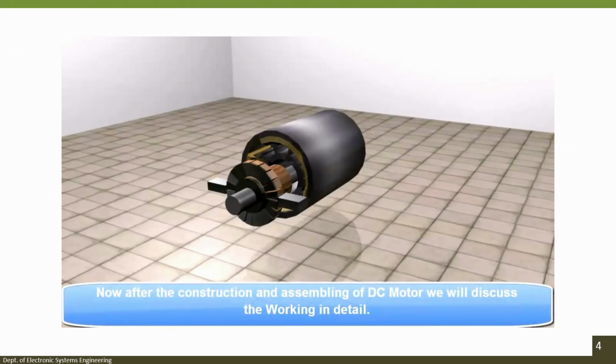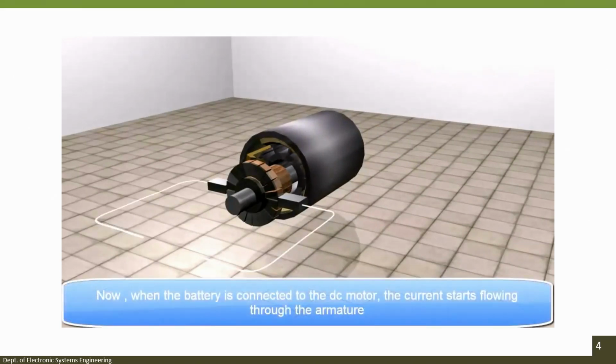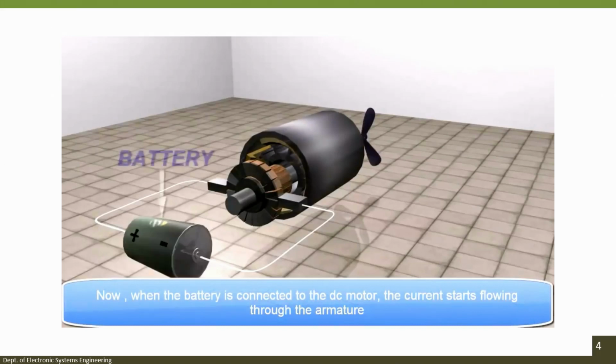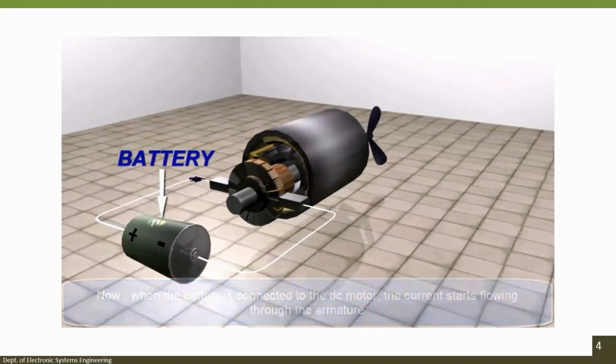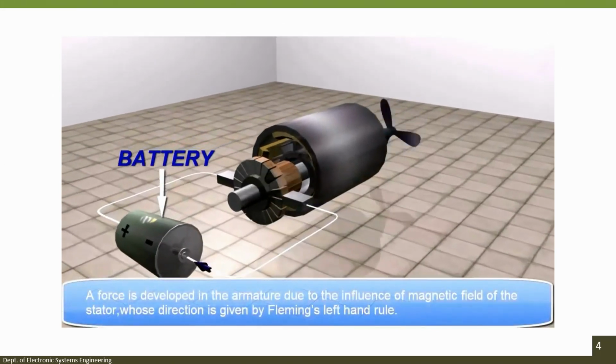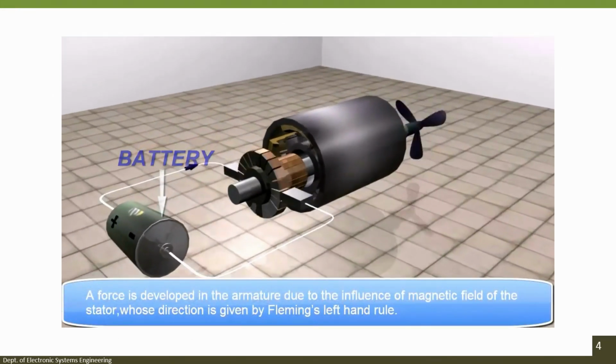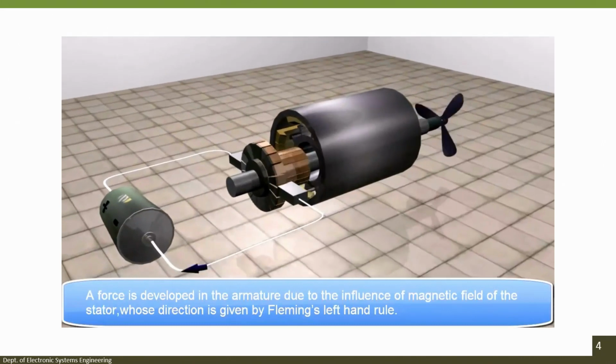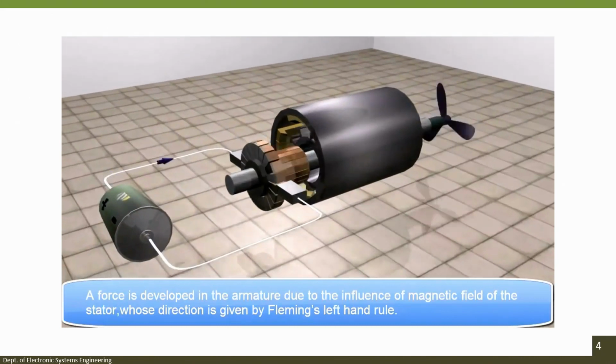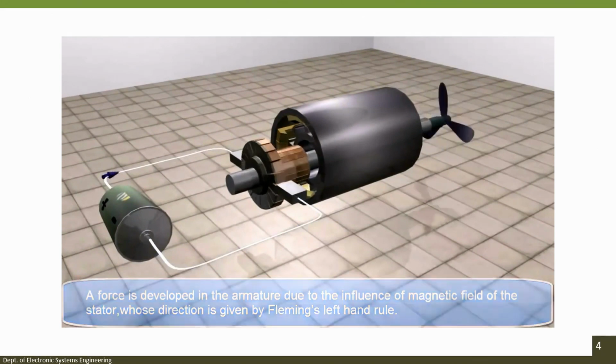Now, after the construction and assembling of the DC motor, we will discuss the working in detail. When the battery is connected to the DC motor, the current starts flowing through the armature. A force is developed in the armature due to the influence of the magnetic field of the stator, whose direction is given by Fleming's left-hand rule.